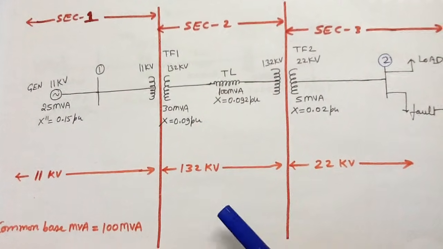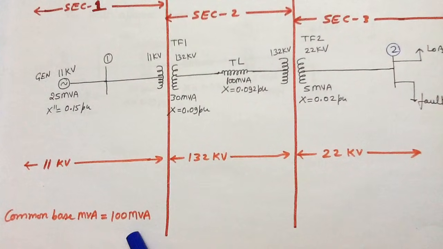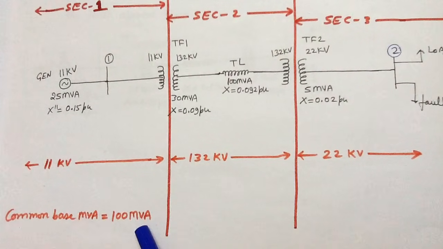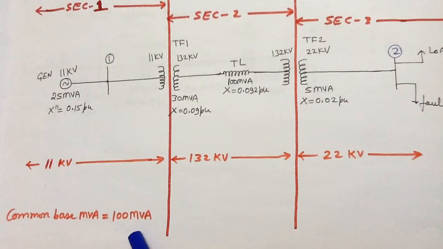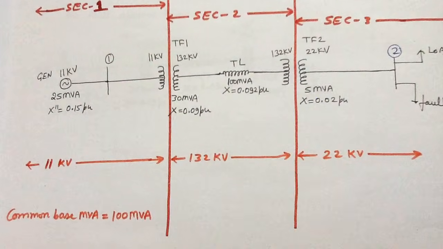Now, in the second step you have to select a common base MVA. You can take any value as a common base MVA. Here I have taken 100 MVA as a common base MVA. See, what is the meaning of the common base MVA? This is the new base MVA for all the equipments of the power system network.